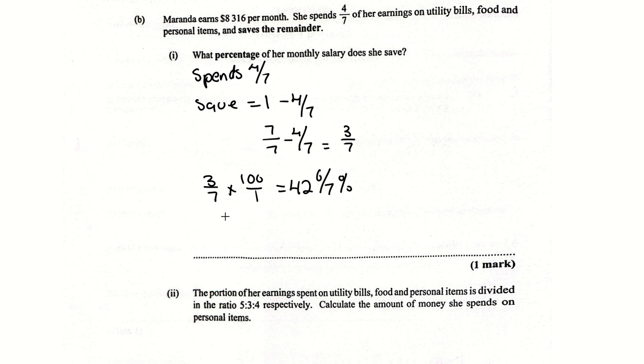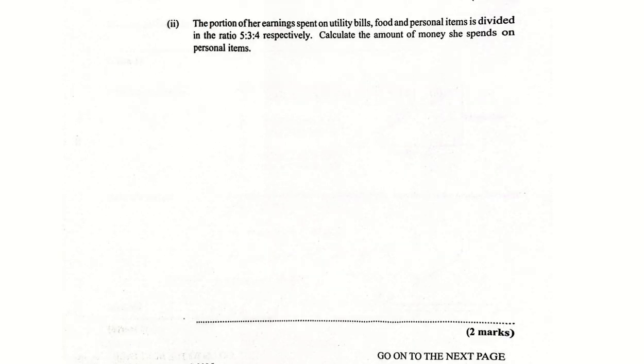Or if you want, it'll be 300/7, and 7 could go into 30 4 times, remainder 2. 7 could go into 20 2 times, remainder 6. So that is how you would have gotten 42 6/7%.